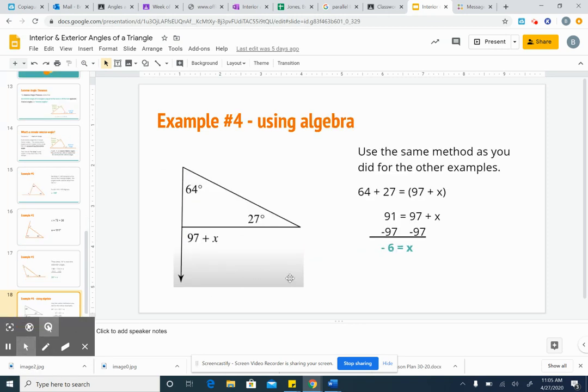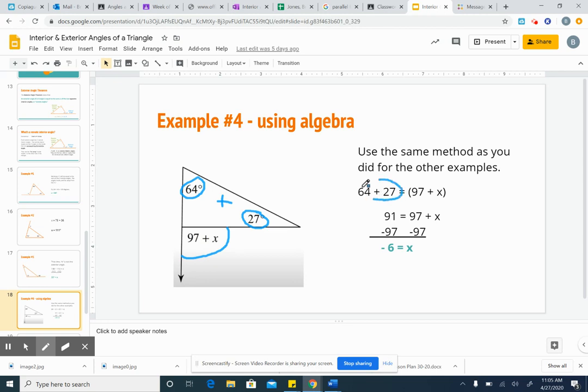Another example here using algebra this time. Okay, so it gets a little bit harder. Use the same method as we did for the first three. We know that this exterior angle right here is going to be equal to the two remote interior angles added together. So just set up your equation. 97 plus x equals the two angles on the inside added together, 64 plus 27.